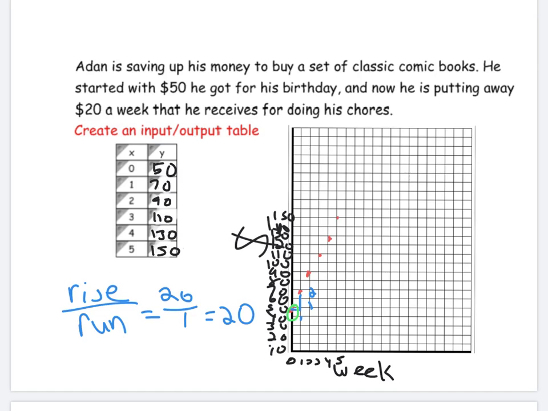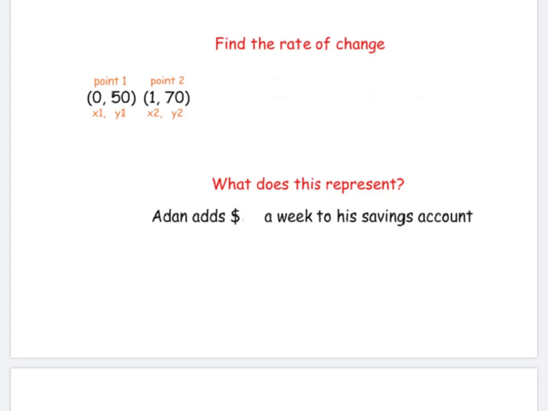So let's take a look at what these numbers actually mean. In order to calculate the rate of change, we could also calculate the slope using the formula. Remember, the formula is m equals y2 minus y1 over x2 minus x1. So I have my points 0, 50, and 1, 70, just like I did with the triangle, and I have them labeled x1, y1, x2, y2.